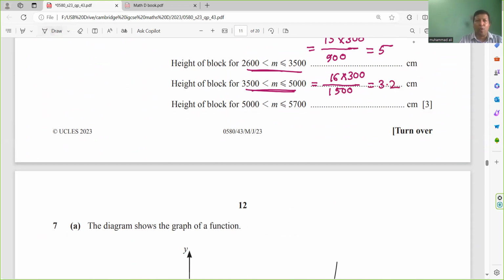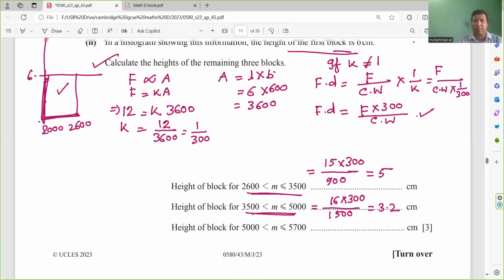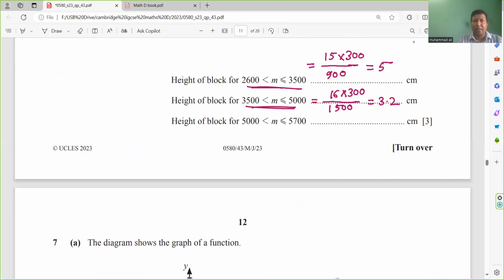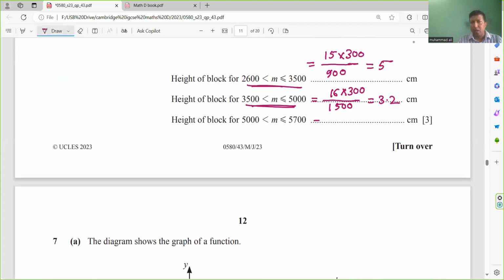And the last one, 5000 to 5700: the frequency is 7, multiplied by 300, divided by the class width 700. After calculation, we get 3. So 3 centimeter is the height of the last block.